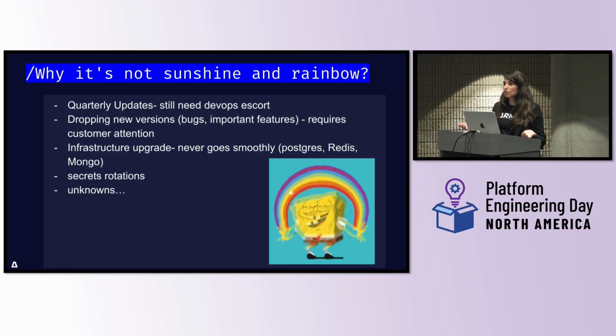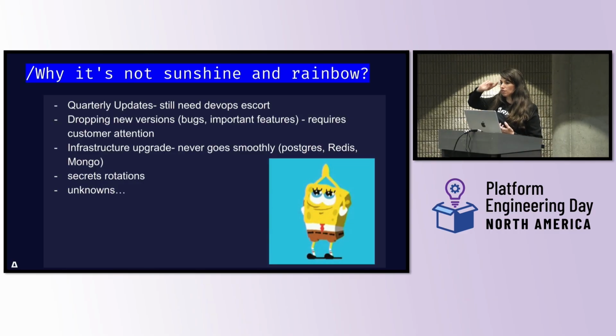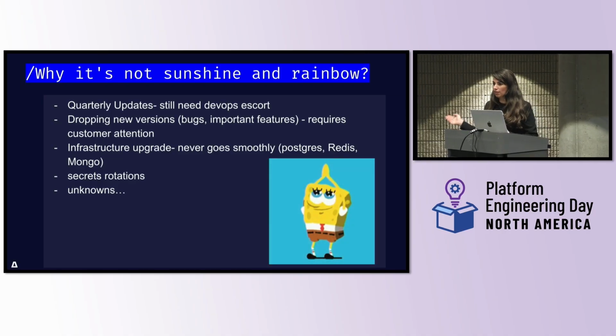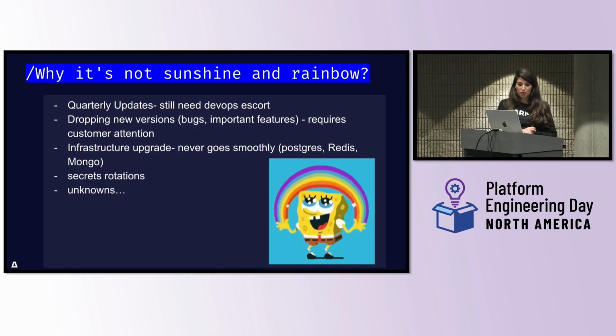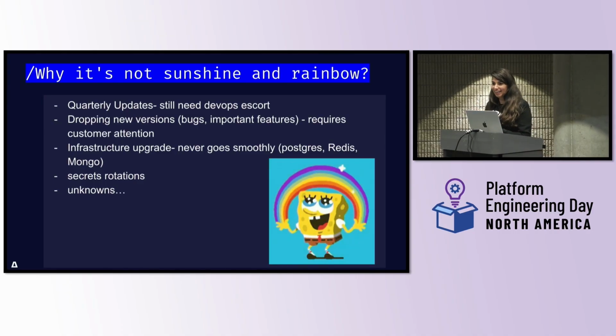And of course, secret rotation. I had a customer that said, "Hey, I need to switch secrets now," yesterday. And like, okay, good, let's do that. And then it became like one week of checking with this department and that department, etc. And a lot of unknowns are still getting in our way.